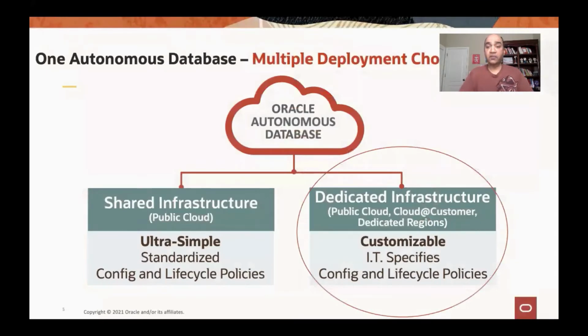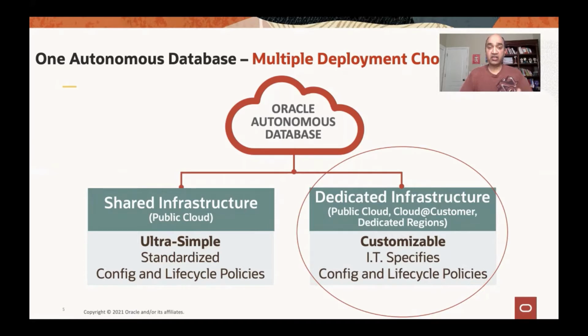Now, you may also know that the Autonomous Database is available in different deployment choices, right? It's available on a shared infrastructure where multiple customers may exist on a single Exadata rack. As you know, Autonomous Database runs on the Exadata platform.